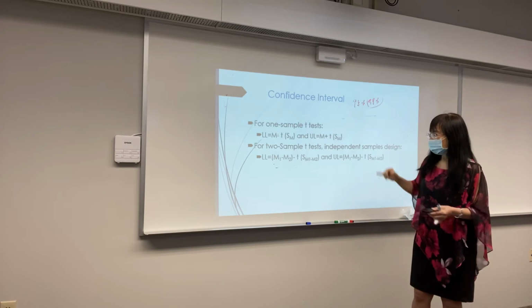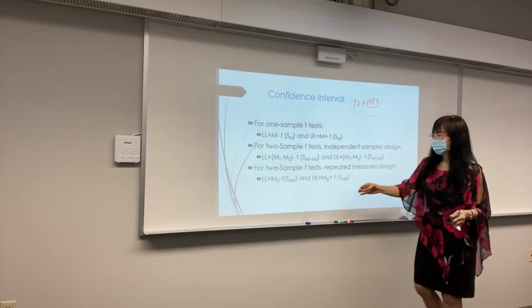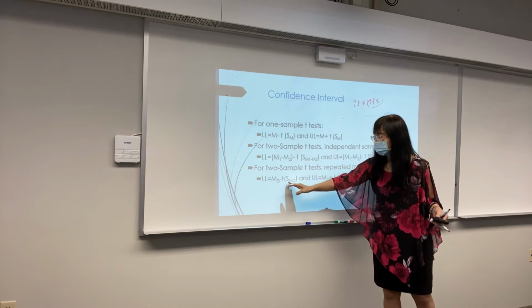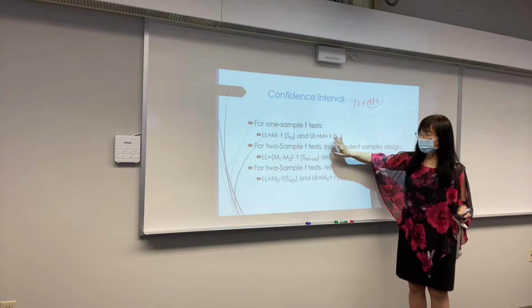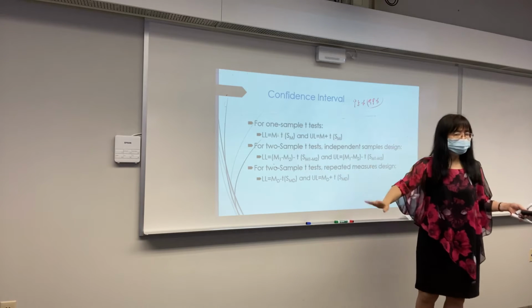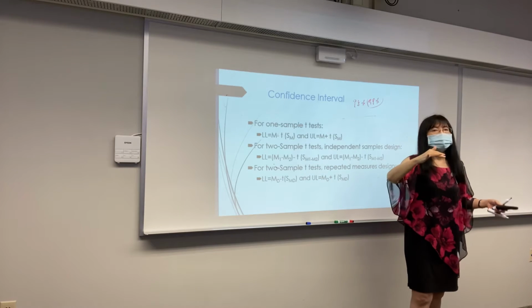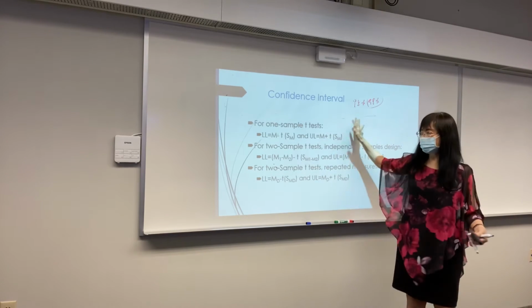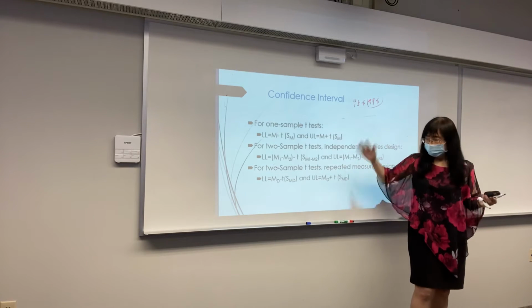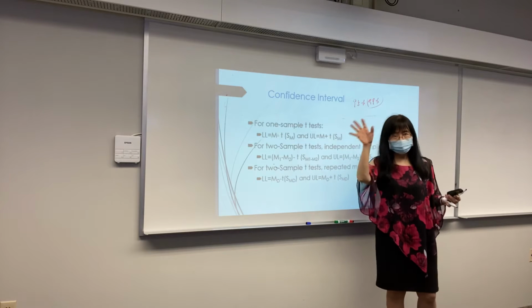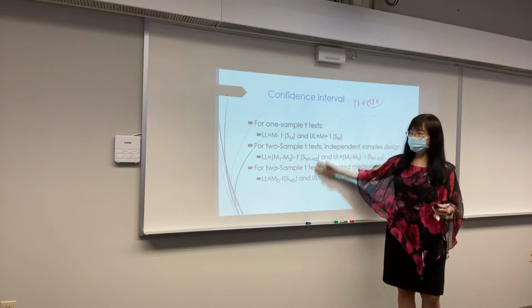And if you do the dependent T, use MD minus T times SMD. So all the things you worked for in chapters 9, 10, 11, you don't waste your time, because they take you to here. In your turn, we will repeat similar questions and then ask you to calculate this.